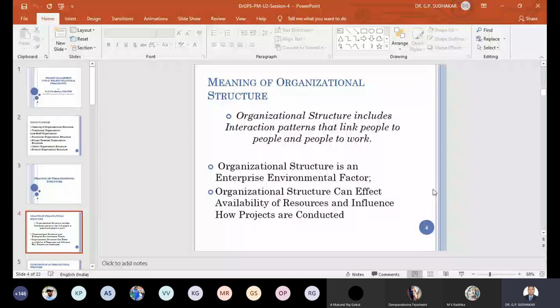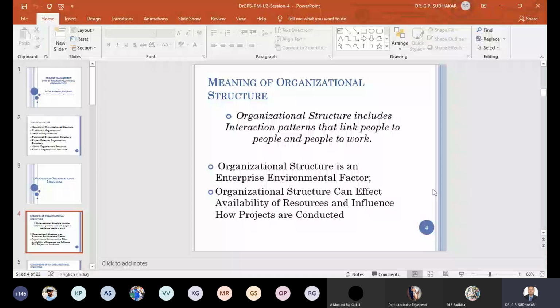There are two types: internal environmental factors and external environmental factors. Organization structure comes under the internal environmental factors for the project.